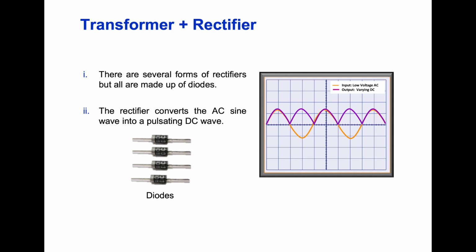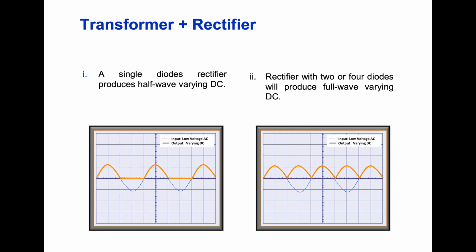A single diode rectifier produces a half wave varying DC, but with 2 or 4 diodes they will produce a full wave varying DC, meaning that you can see the orange shape here.